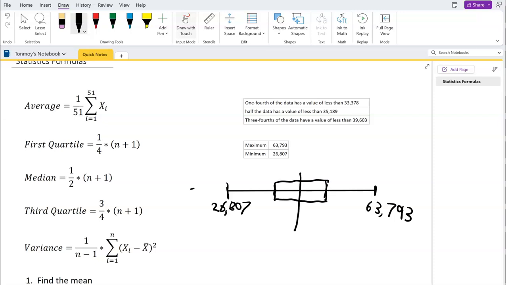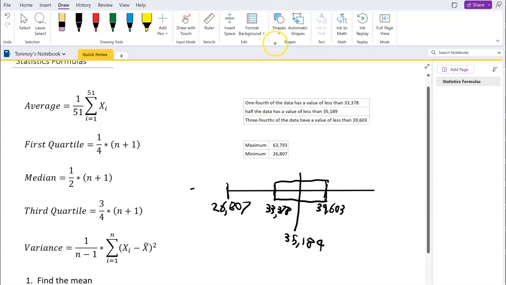And this will be the median. So the median is 35,189. And the first quartile is 33,378. And the third quartile is 39,603.